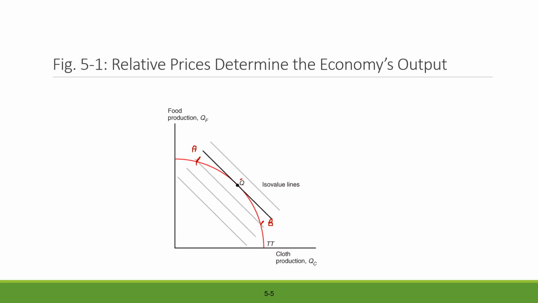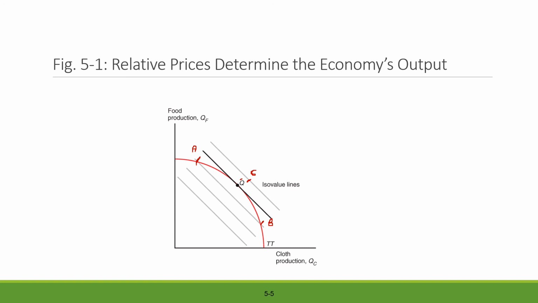Similarly, there is another iso value line, and we can point out another variable. Let us call that point C. So point C has even better value than point Q, but we are not going to produce at point C because we do not have enough resources to produce that quantity.